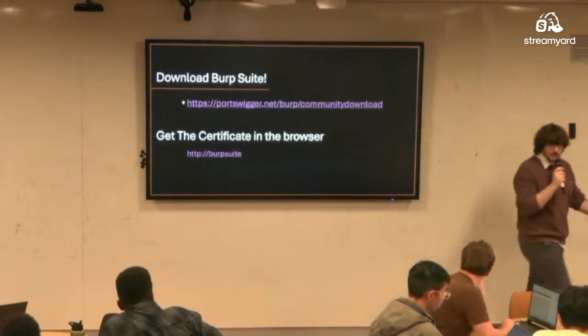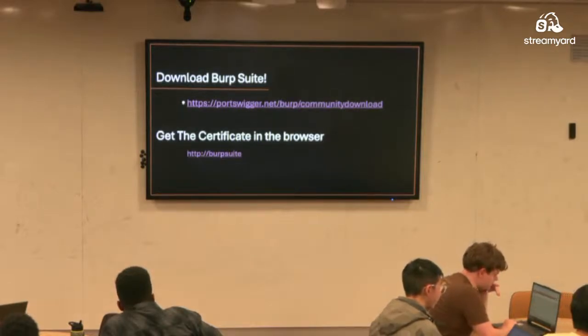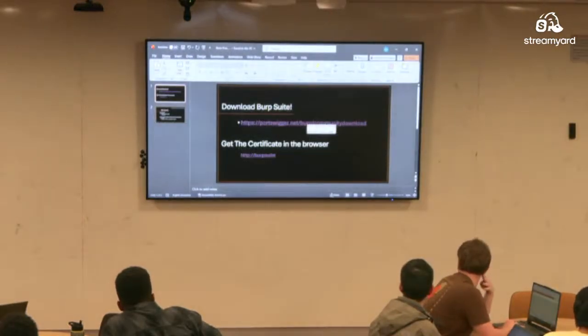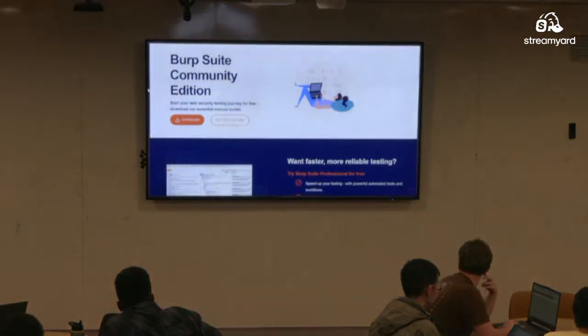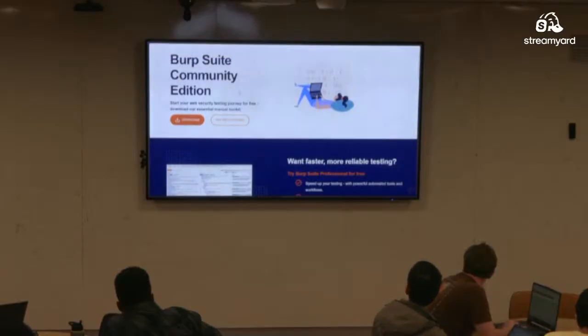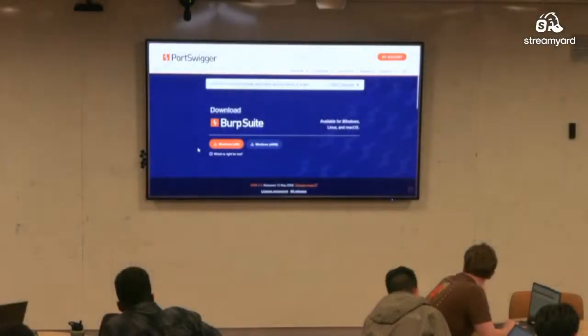So here we go. Alrighty, here we go. So this is the first website. It is portswigger.net, and you'll go burp/community download. From there, just the usual process. Click download.